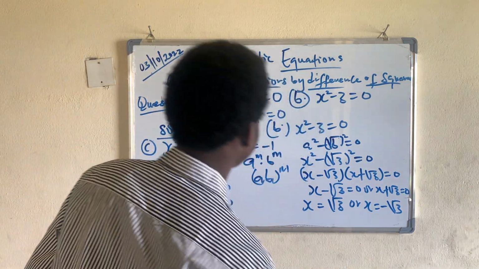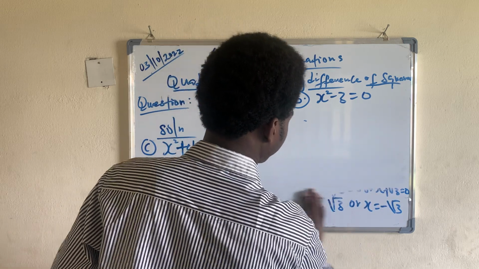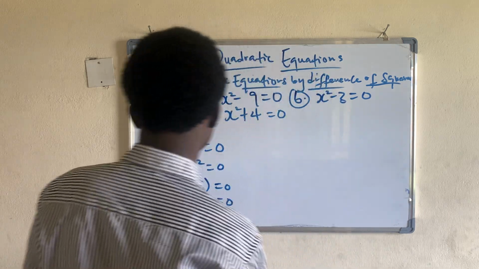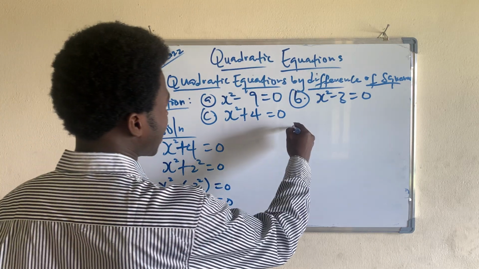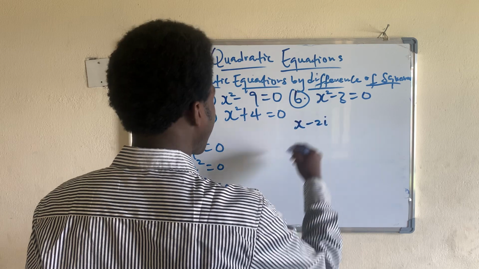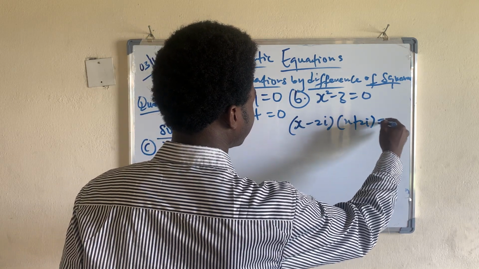So from here this is now in difference of two squares, so that we can have this as x minus 2i, x plus 2i equal to 0.